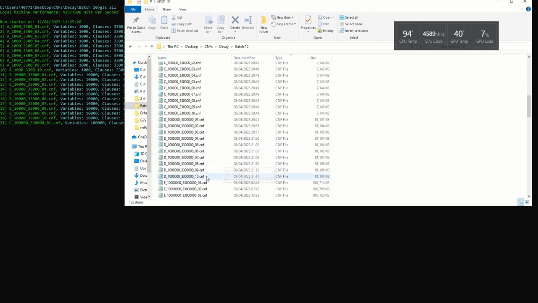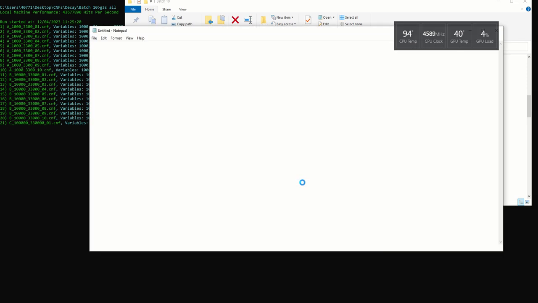The 10 million variables formula is about a 1 gigabyte file, and let's really take a look at one of them. It's going to take a while to load. They took maybe 3 days all in all to be produced by the generator. It's a long process.